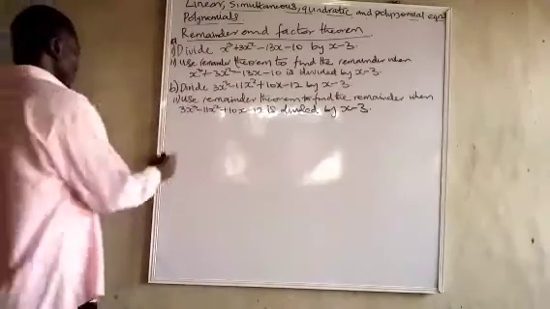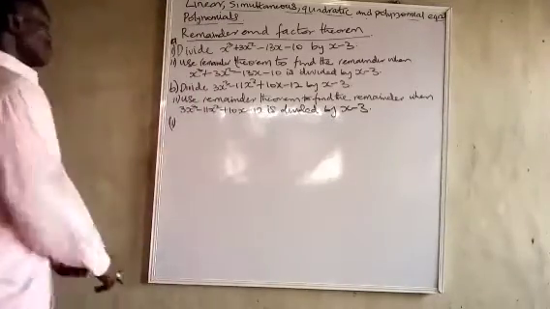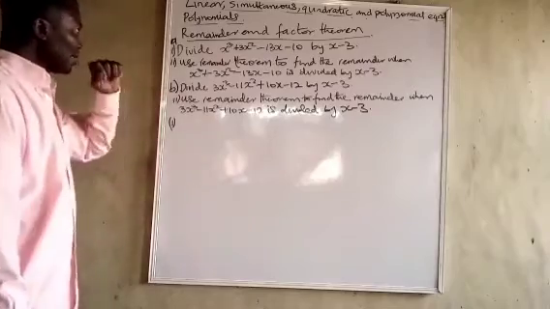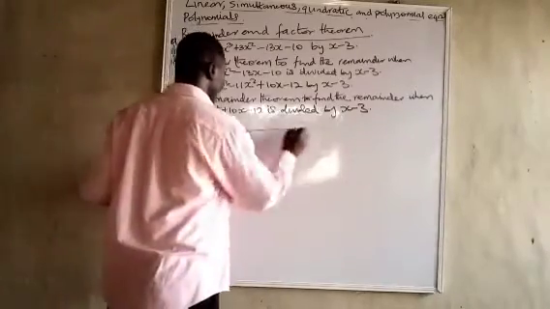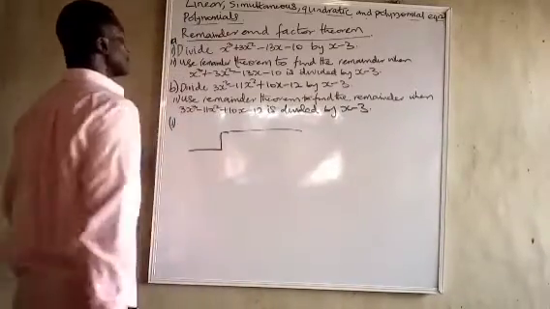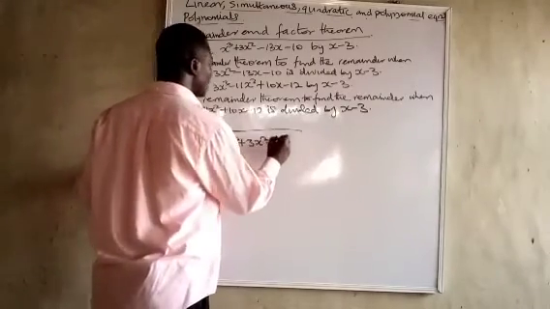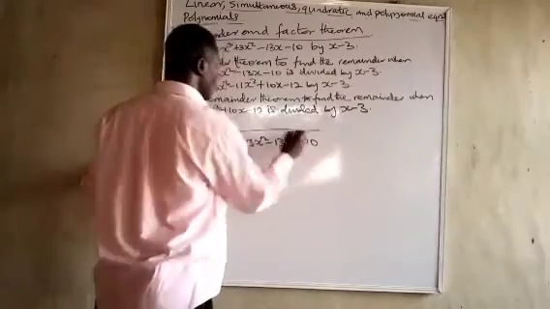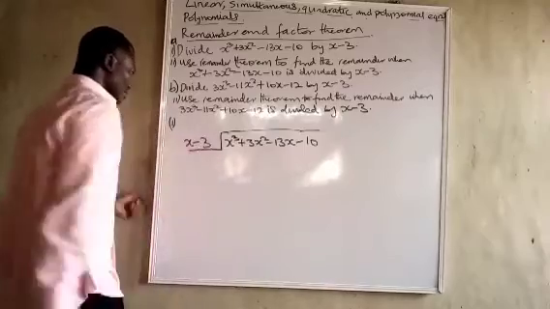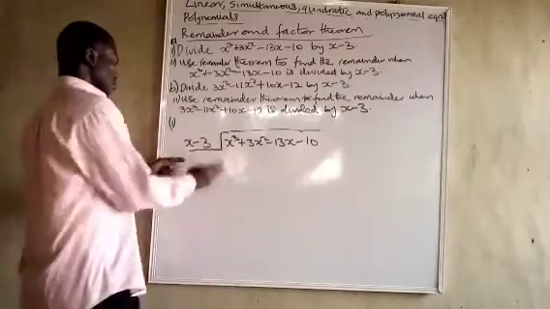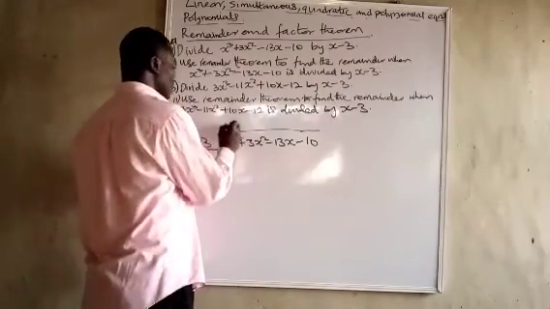Now let's start with the first one. We can divide straight. Let's do it like this. We have x cubed plus 3x squared minus 13x minus 10 divided by x minus 3. Like we did before, x here is x squared. So we divide through.